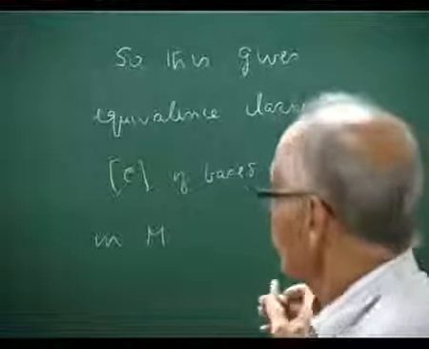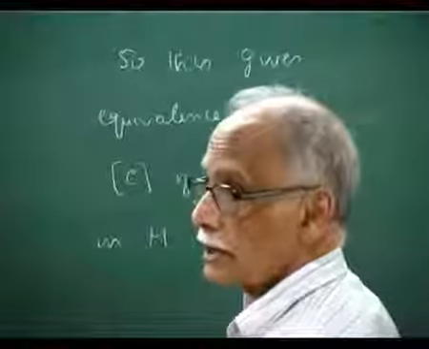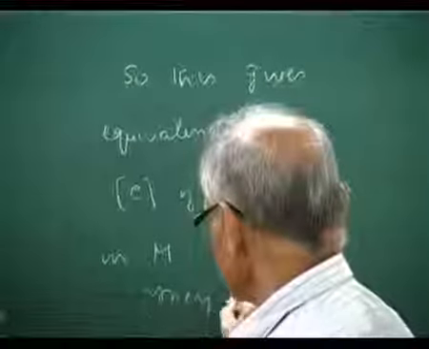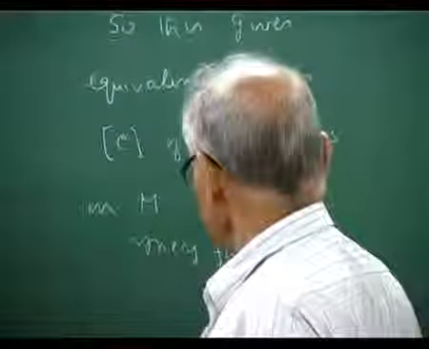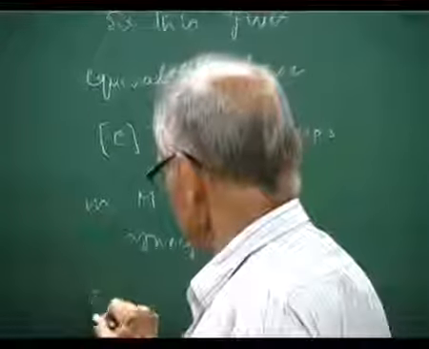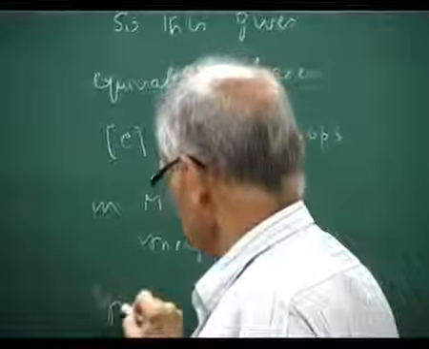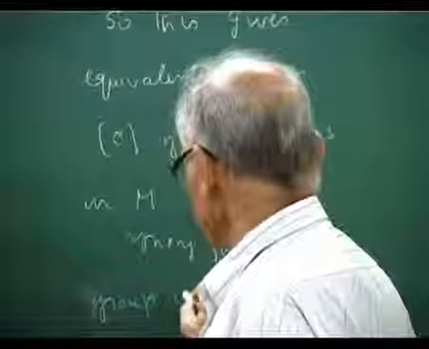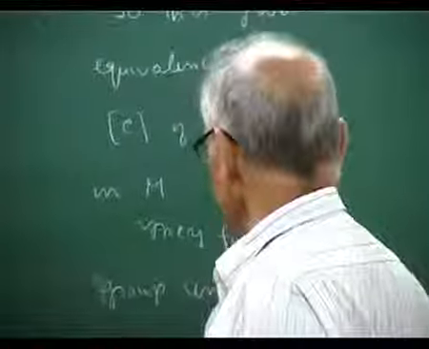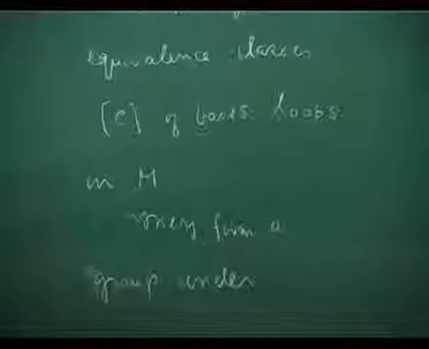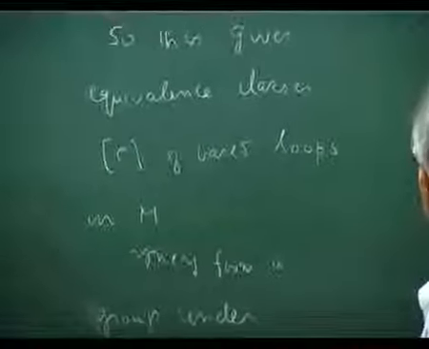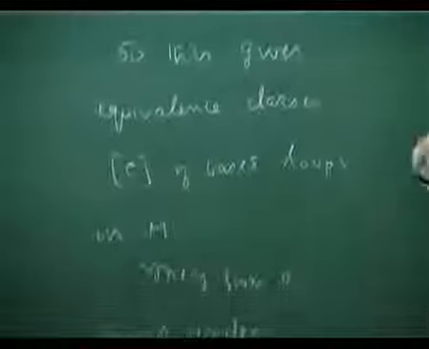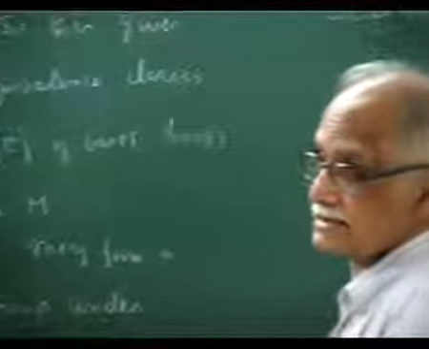Main point is the following. These form a group. This equivalence class under, this is the phrase they use, concatenation. Catena is a chain.